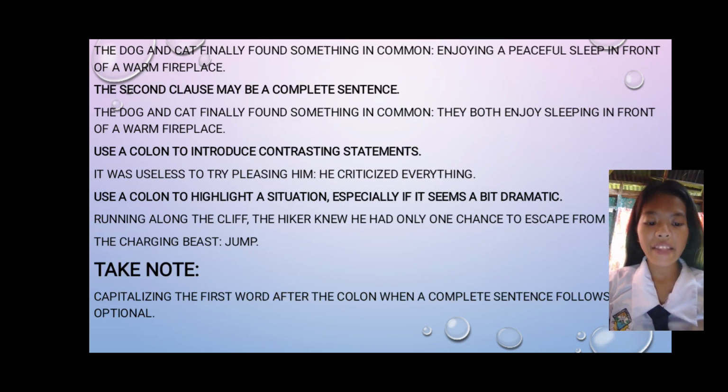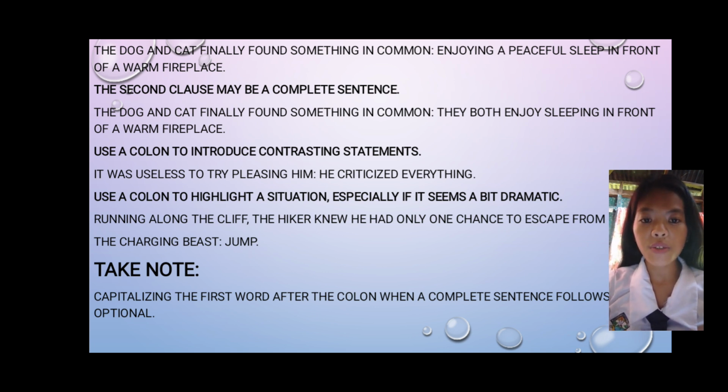The dog and cat finally found something in common: enjoying a peaceful sleep in front of a warm fireplace. The second clause may be a complete sentence. The dog and cat finally found something in common: they both enjoy sleeping in front of a warm fireplace.